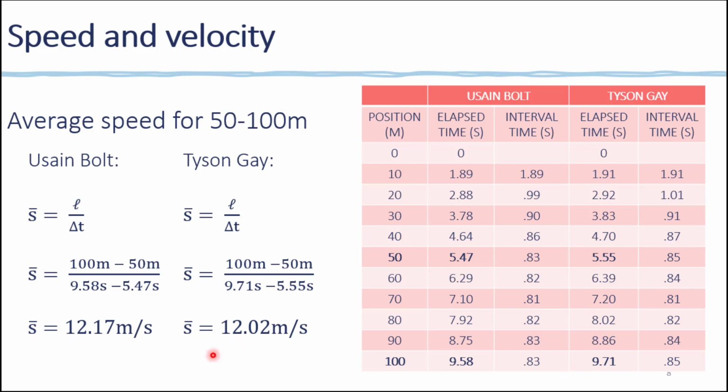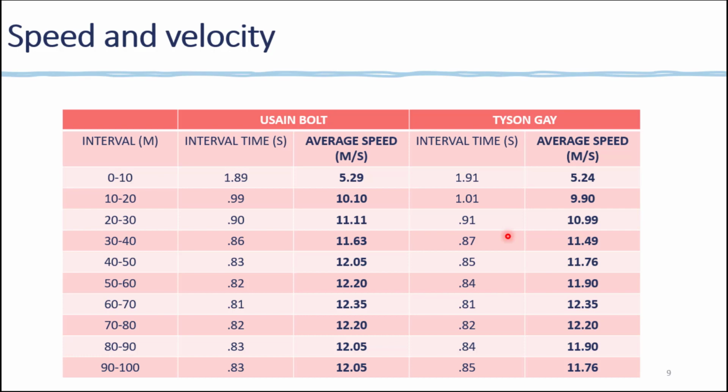If we wanted now to know which athlete had the top speed, then what we do is calculate the speed of the athletes during each of the intervals recorded in this table. So we would have a speed for each of the rows here. And I did that so it would look like this, right? I'm just adding another column here, which is called the average speed.